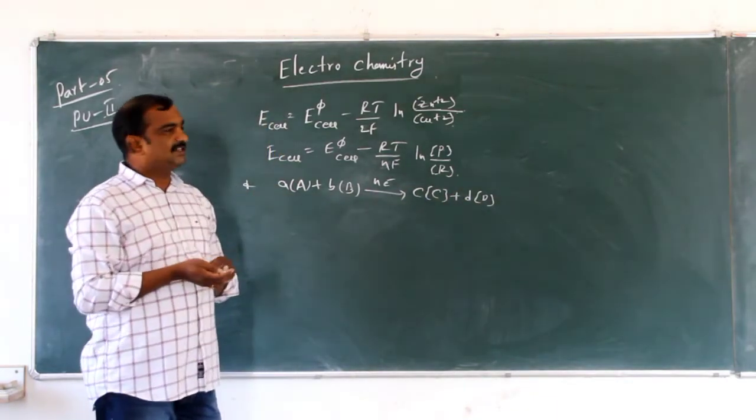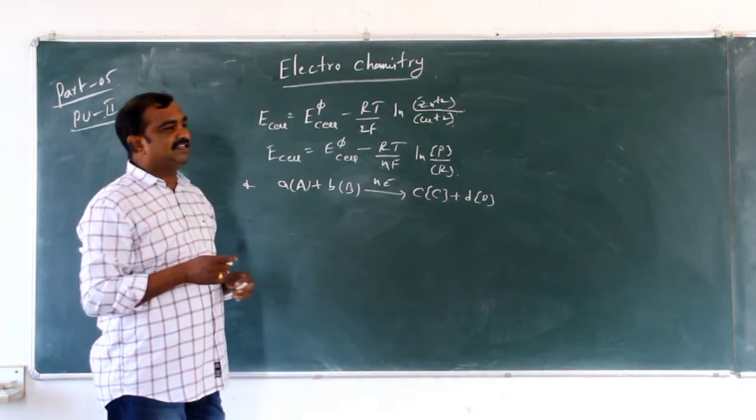If the reaction is given like this, how can you write the Nernst equation for this reaction?